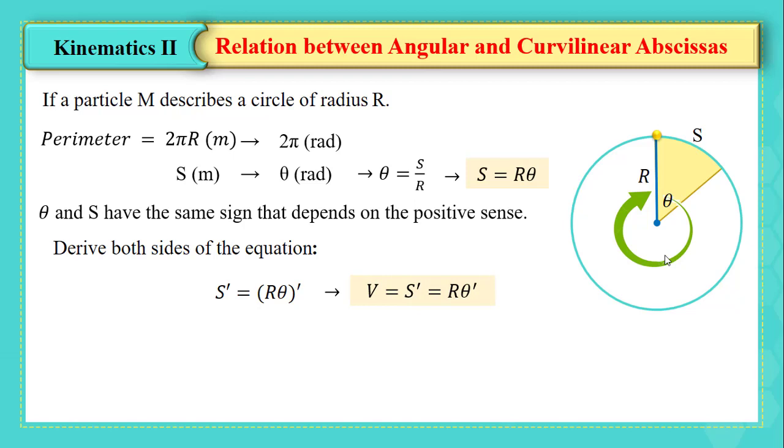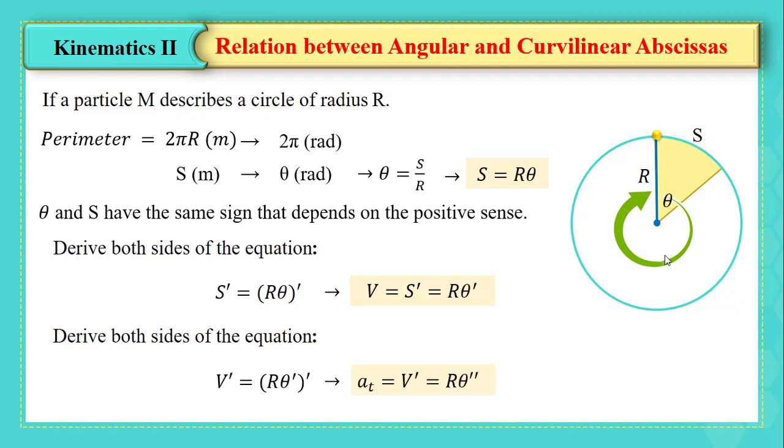Now to find the relation between the tangential acceleration and the angular acceleration, we also derive both sides of this equation. V prime is equal to the derivative of r theta prime. Knowing that r is constant, it will give at is equal to r theta double prime. Now try to show alone that an is equal to r theta prime squared.